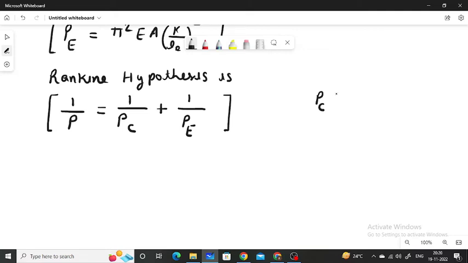In that case, crushing load will be very small in comparison to the buckling load, because if the length of the column is small, crippling load is very large in comparison to the crushing load.